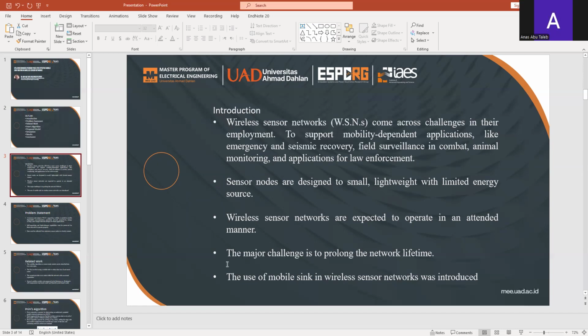One of the techniques used is to introduce the use of a mobile sync to collect data from stationary sensor nodes in order to reduce the amount of energy that is used to transmit data to the base station.